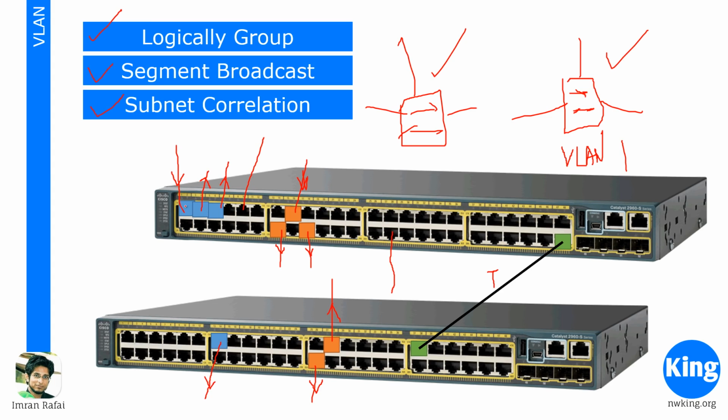Now what it does is, the minute you create VLAN 10, VLAN 20, the switch creates something called the VLAN database. Now the switch says switch ports 1, 3 and 5 are part of VLAN 10, 14, 15 and 18 are part of VLAN 20, and everything else is VLAN 1. Now if any traffic is coming from VLAN 10, or these 1, 3 and 5 ports, it will only be sent to those ports which are also part of the same VLAN.